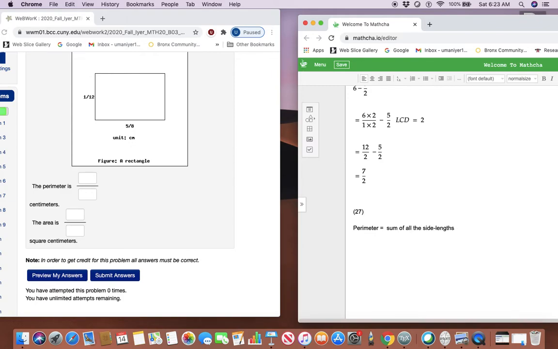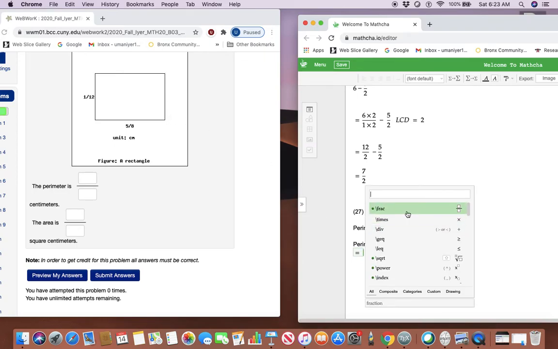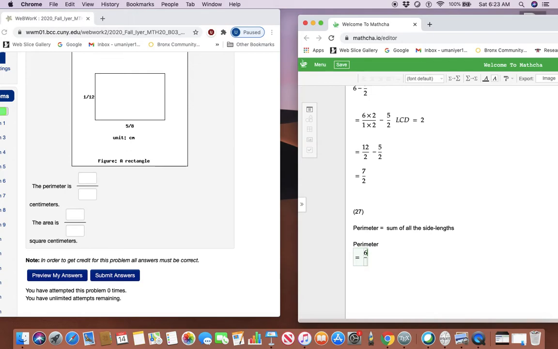Okay, so perimeter is, I'm going to add this to this to this to this. So that is fraction 5 over 8 plus 1 over 12.